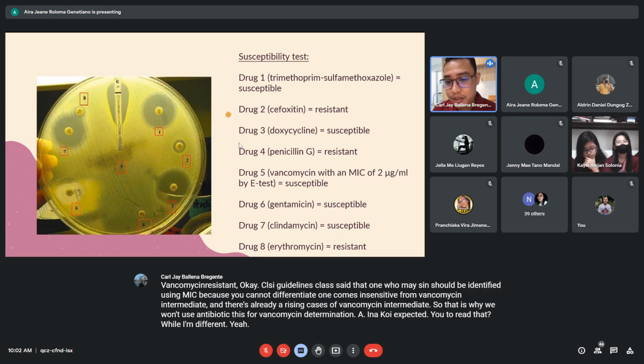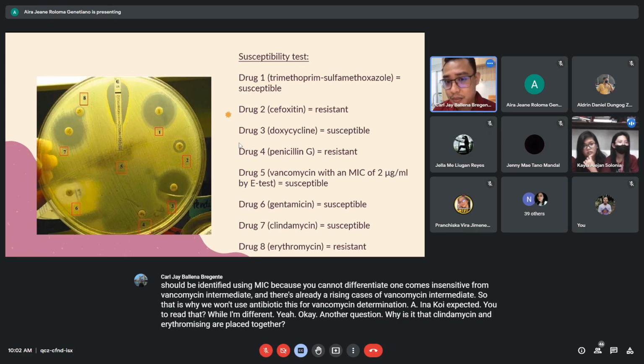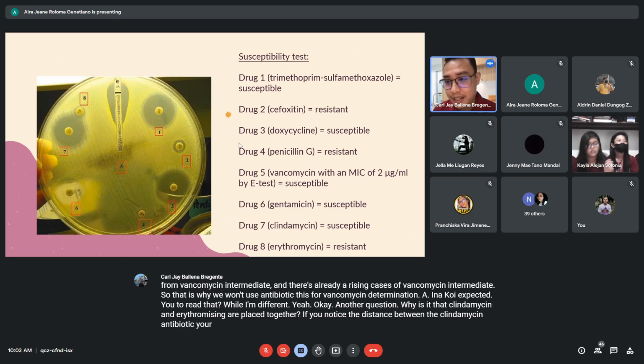Okay, another question. Why is it that clindamycin and erythromycin are placed together? If you notice, the distance between the clindamycin antibiotic, your drug 7 and drug 8, is very close to each other, unlike with the rest of the antibiotics.